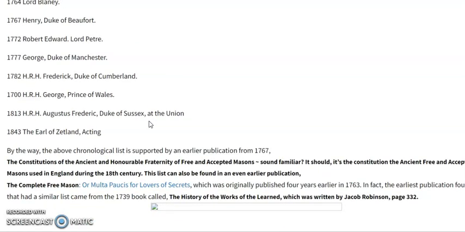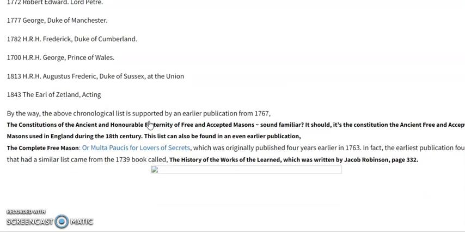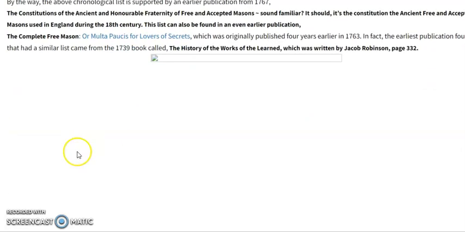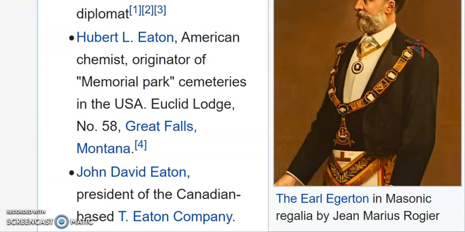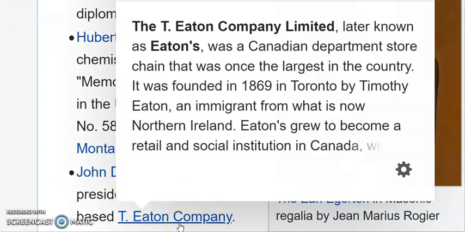And of course, George, Prince of Wales idea and all that. Another list here, the Eaton Company.